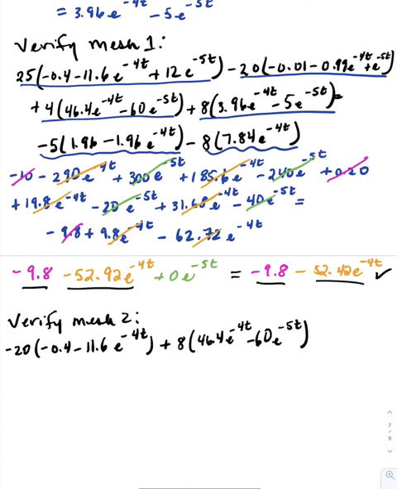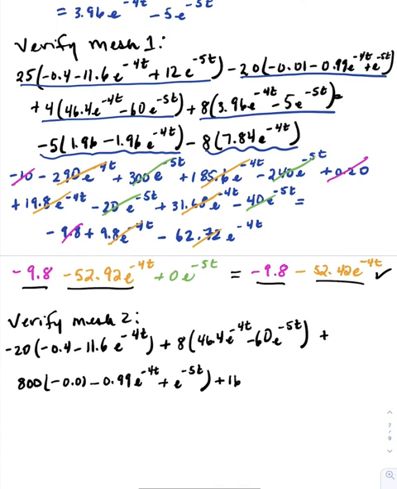plus 800 I sub 2. And I sub 2 is minus 0.01 minus 0.99 e to the minus 4t plus e to the minus 5t. Okay, plus 16 di2 over dt.